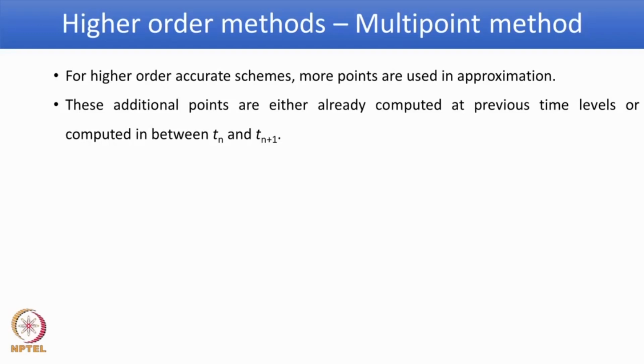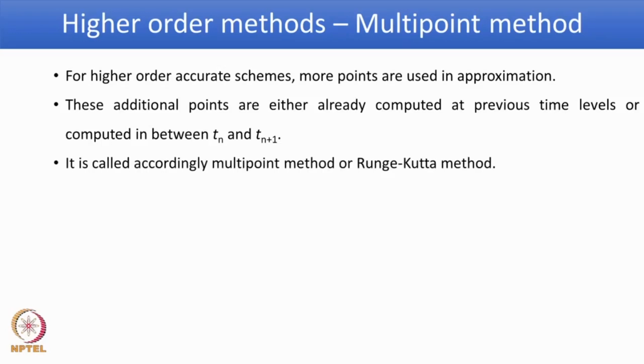Such a scheme is also a multi-point method. It is called accordingly multi-point methods, and there are multiple options available. We already know a method called the Runge-Kutta method, which is a multi-point method.